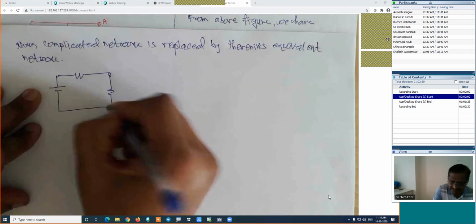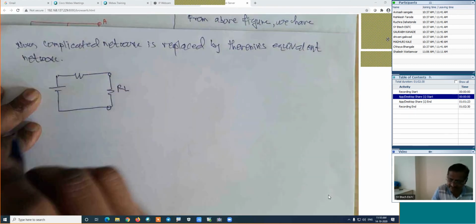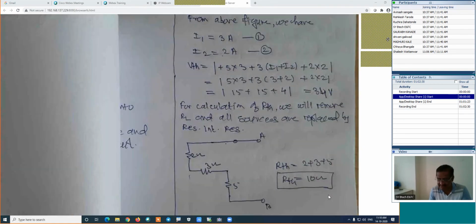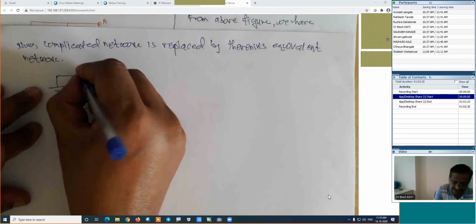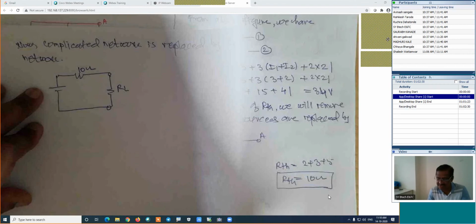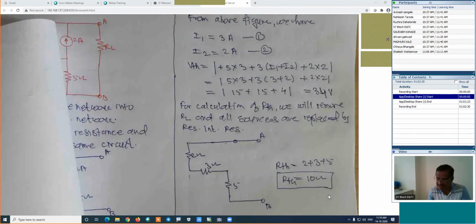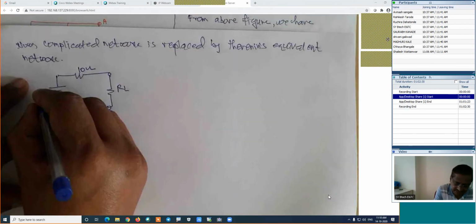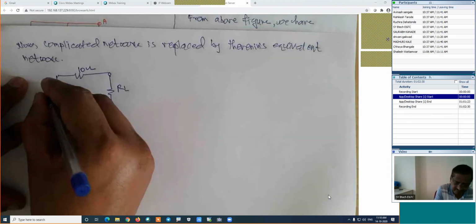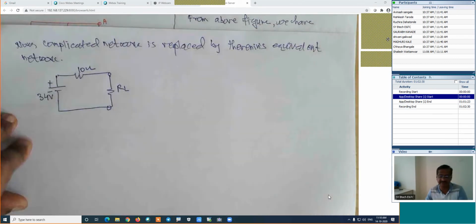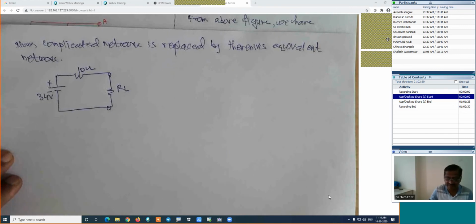Reconnect the load resistance, which is RL. We are interested in this calculation. How much is the value of RTH? 10 ohm. How much is the value of VTH? VTH is 34 volt. Now we can apply the maximum power transfer theorem.